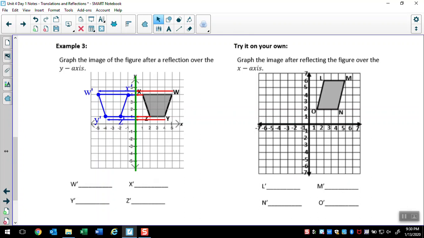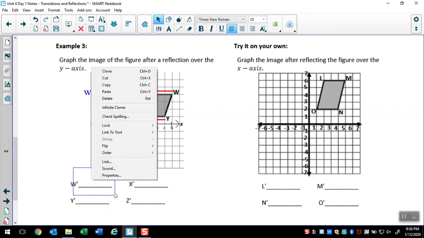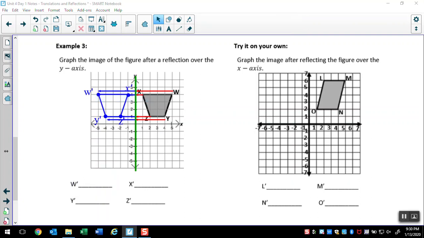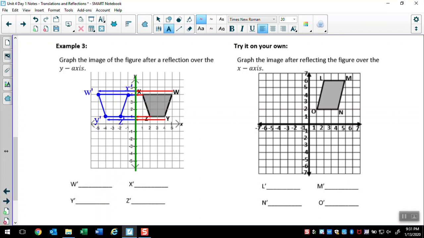All right, now to write our coordinates. Okay, so my w prime is sitting at -5, 4. And don't mind that. These ones that are here are wrong. All right, so w prime we said was -5, 4.